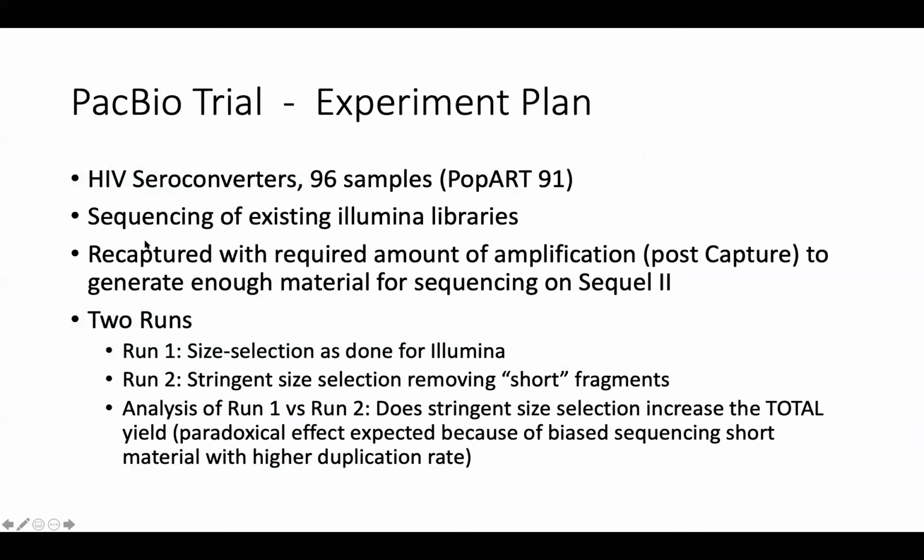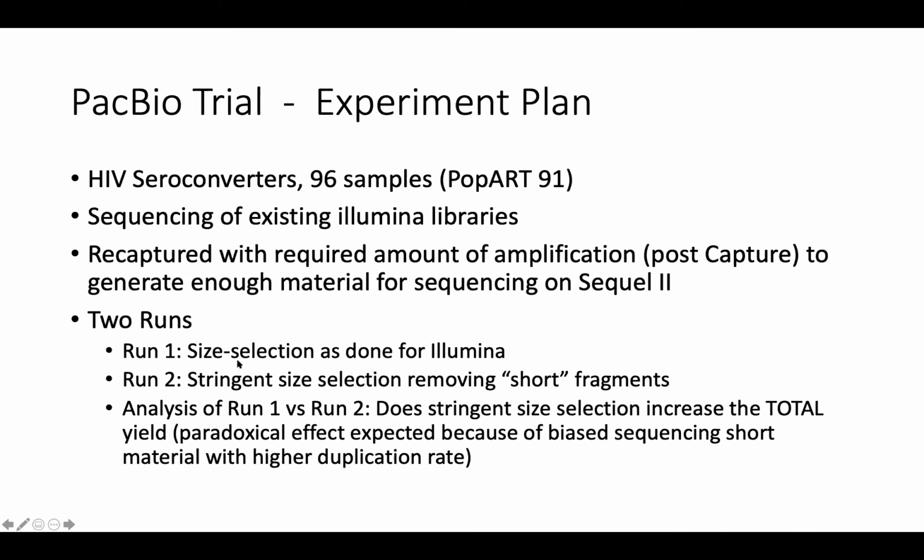This was an experiment where we compared to existing Illumina sequencing, the sequencing that you're used to seeing in PANGEA, and we essentially recaptured existing libraries that we generated for our Illumina sequencing, and we sequenced the material on the Sequel 2. This was in collaboration with Liverpool, who have a PacBio instrument. We're about to get one in Oxford, but this was done in Liverpool.